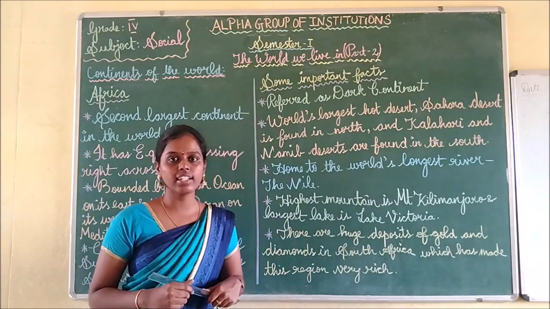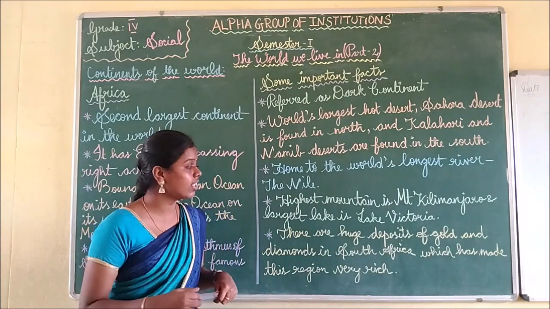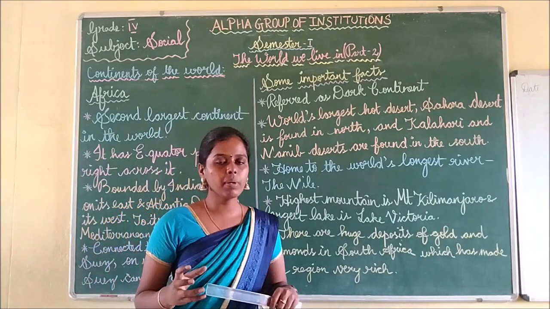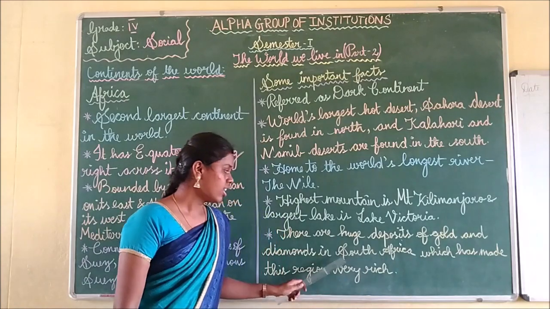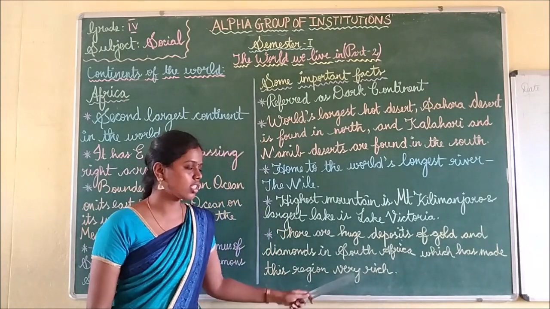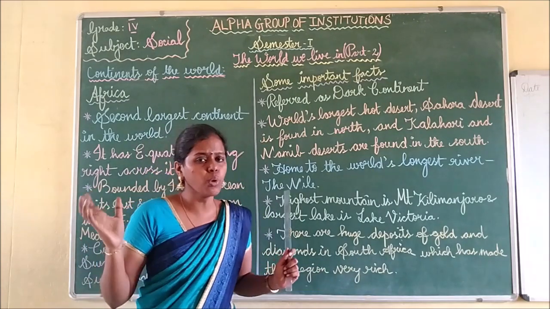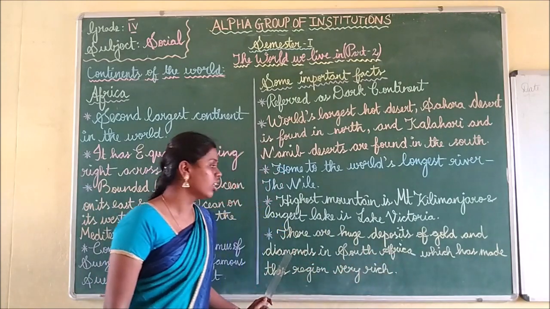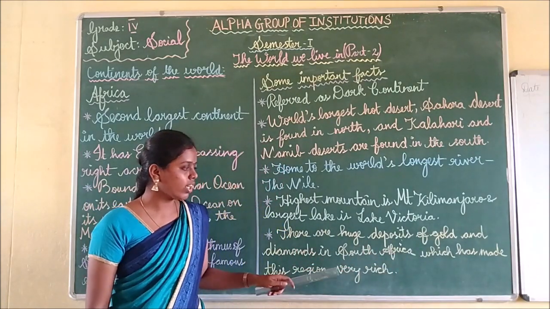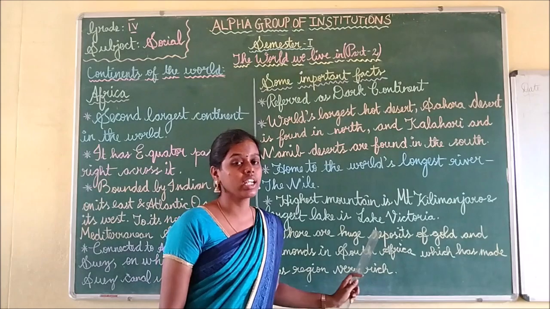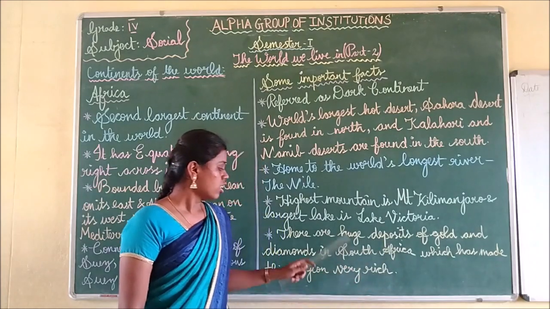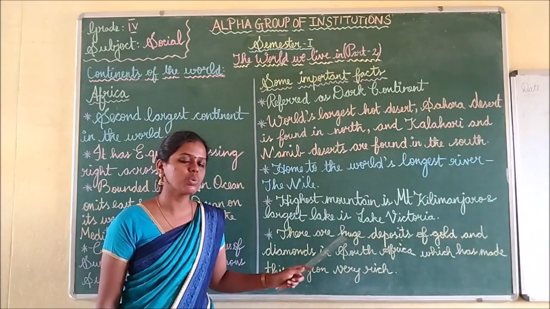We will get gold and diamonds from the underground, and they are available in large amounts in South Africa. So in South Africa only there are many deposits of gold and diamonds. So South Africa is very rich because of this.